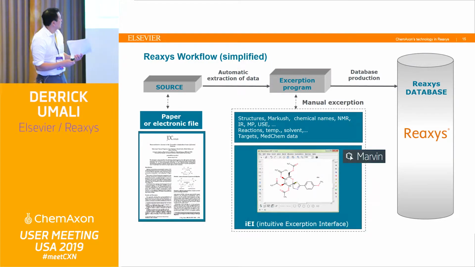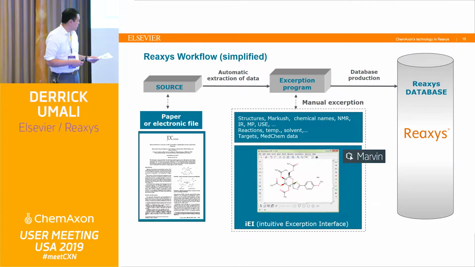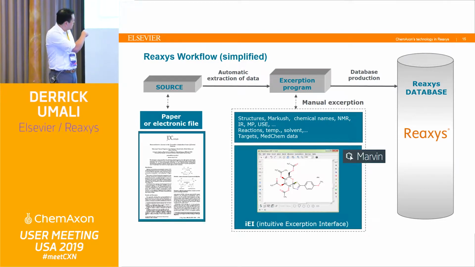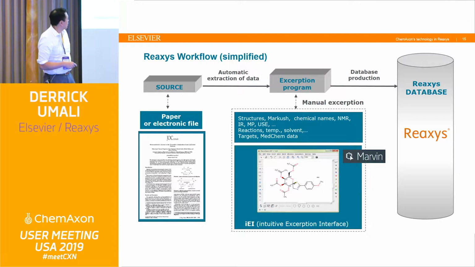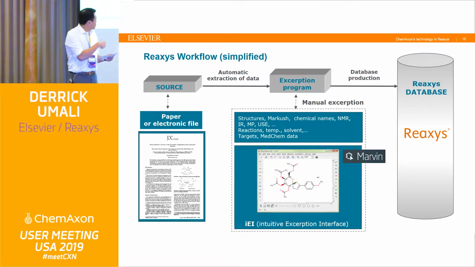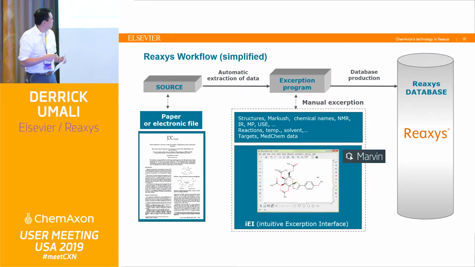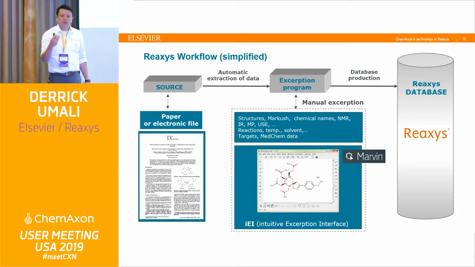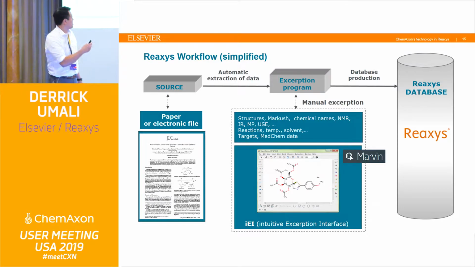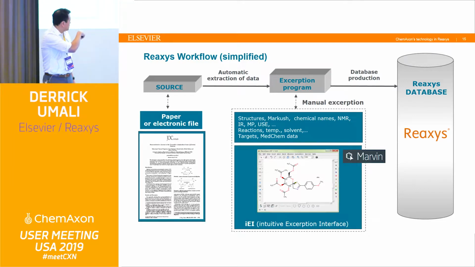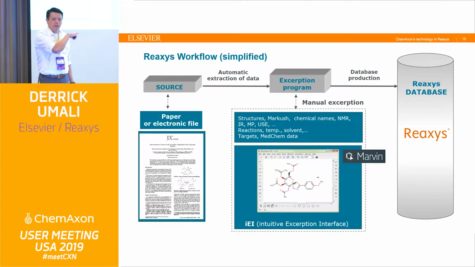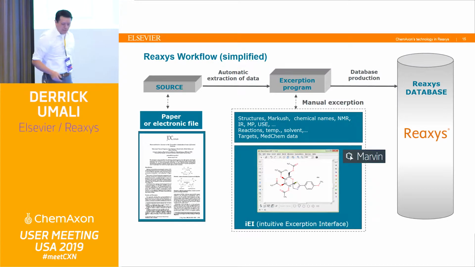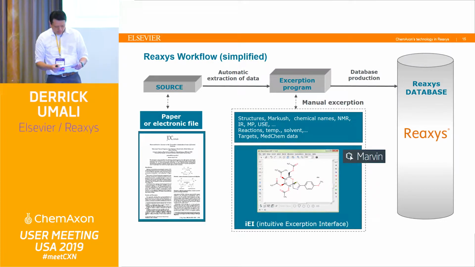And then we have indexers where we've embedded Marvin Sketch in this intuitive excerption interface, and they're drawing the compounds and pulling various data points, like Markush, chemical names, and NMR through a controlled taxonomy so that we're then building this database. So we're using Marvin to draw the compounds in the system and then building the database there.